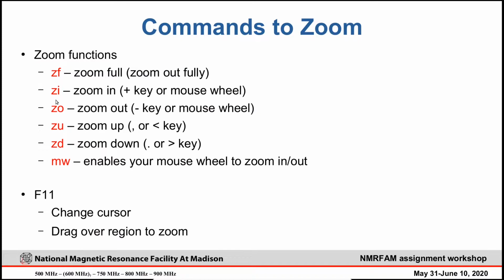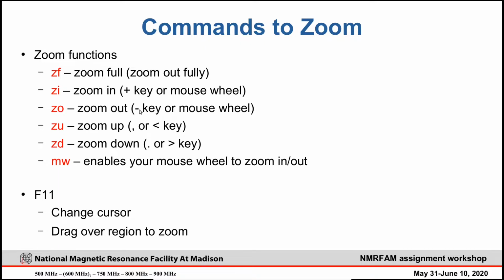And other useful commands: zoom in and zoom out. Two-letter code zoom full, ZF, is going to show the full extent of your experiment. Zoom in is a little larger step compared to using the plus key or mouse wheel. And zoom out, ZO, is the same thing.